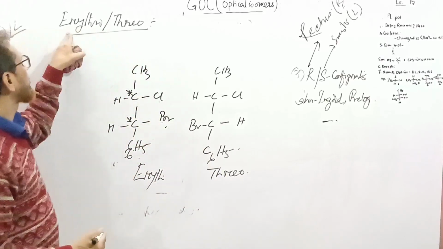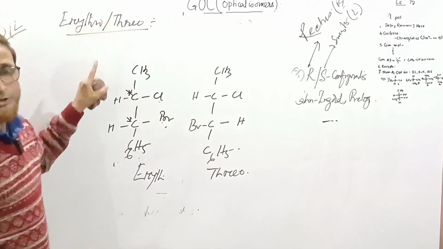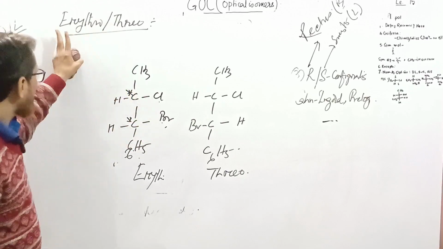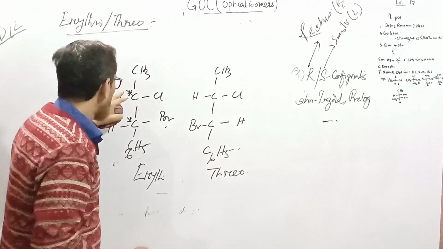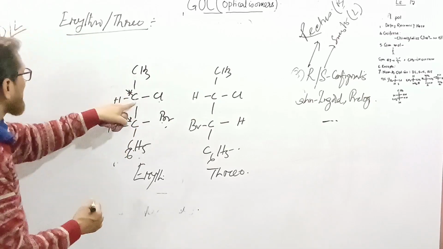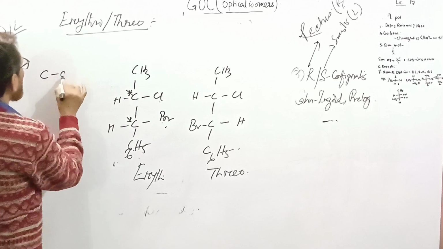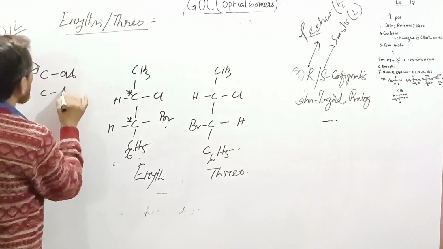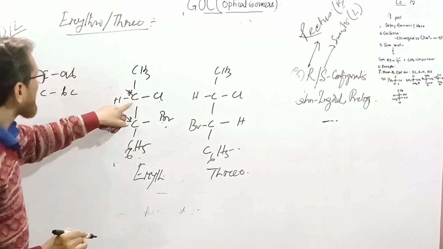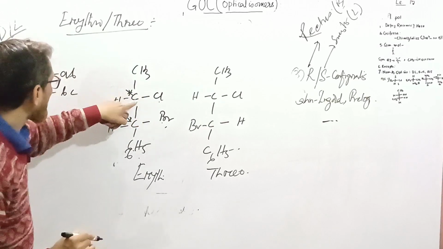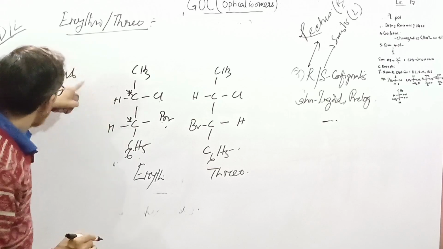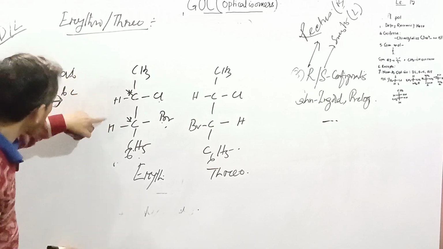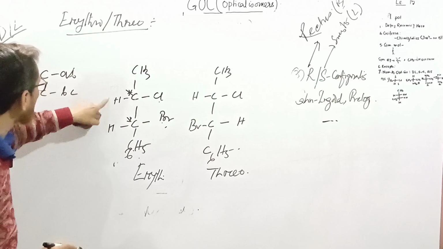So the first condition is that erythro and threo systems are used for compounds which have two chiral centers. Am I right? And one carbon should be AB and the other carbon should be BC, meaning at least two same groups should be attached.